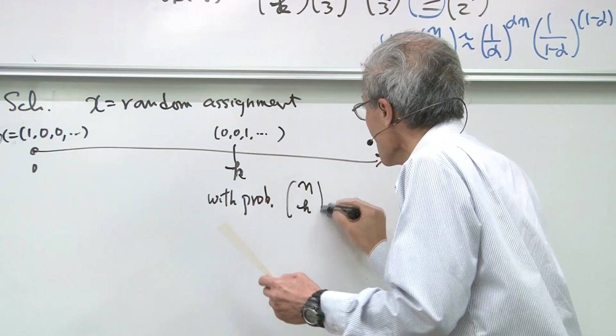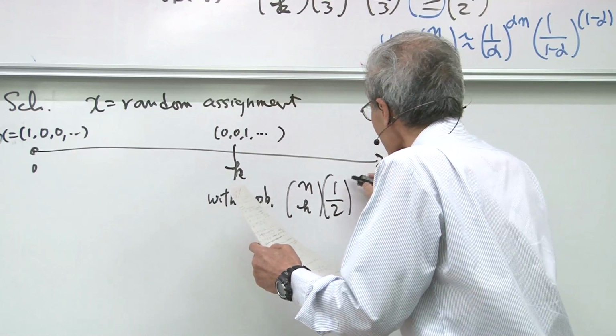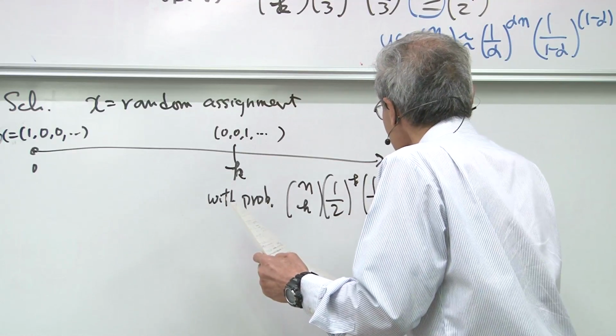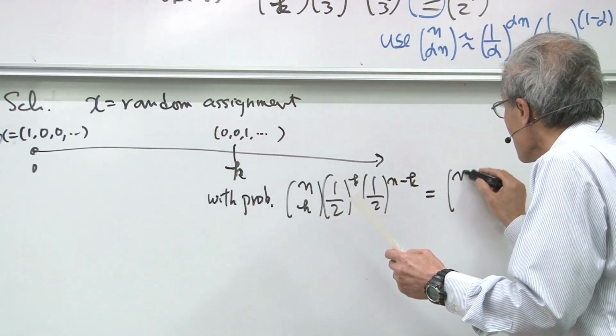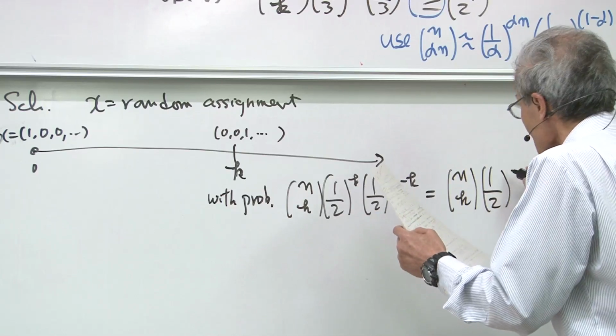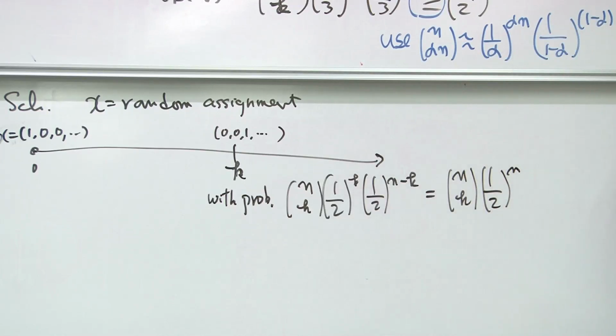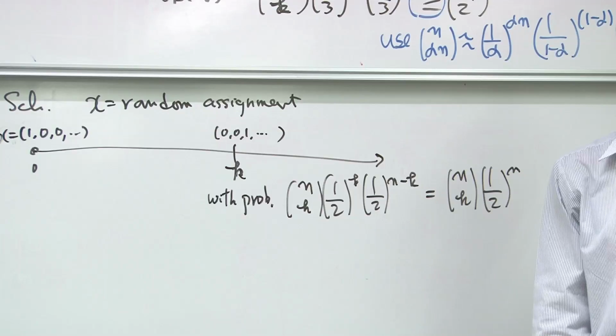Now you're here with the probability n to the k, 1/2 to the k, and 1/2 to the n minus k, which is equal to n choose k times 1/2 to the n. Because Hamming distance k means k bits are different.